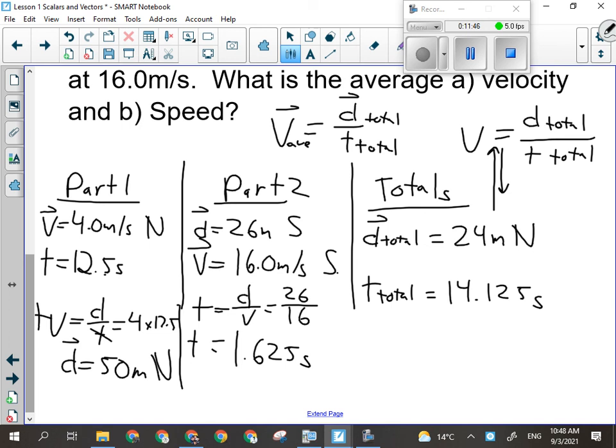Okay, so now I have my total displacement and my total time. Now I can calculate my average velocity, which is what they wanted me to calculate in part A. All right, so average velocity will be 24 meters north divided by 14.125.